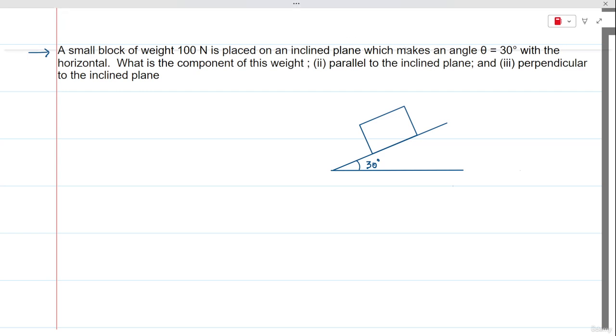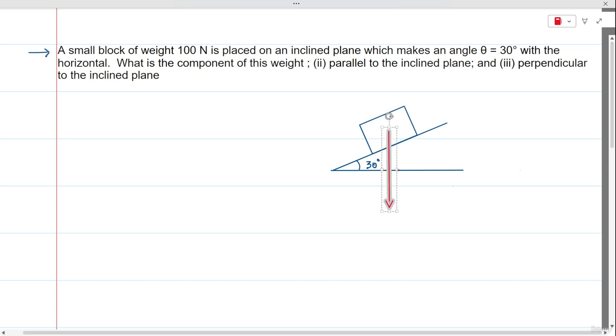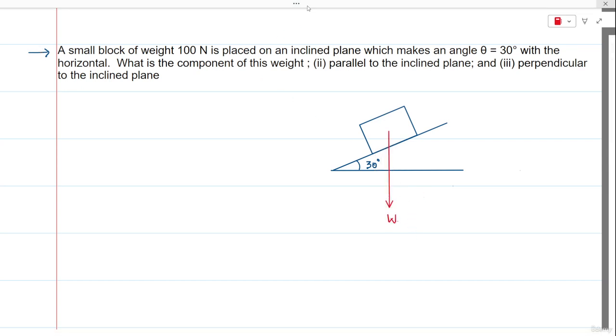So let us first draw the weight itself. Weight is going to act vertically downwards. This is the weight force. Let us write it as W. Now one of the components will be acting along the inclination.